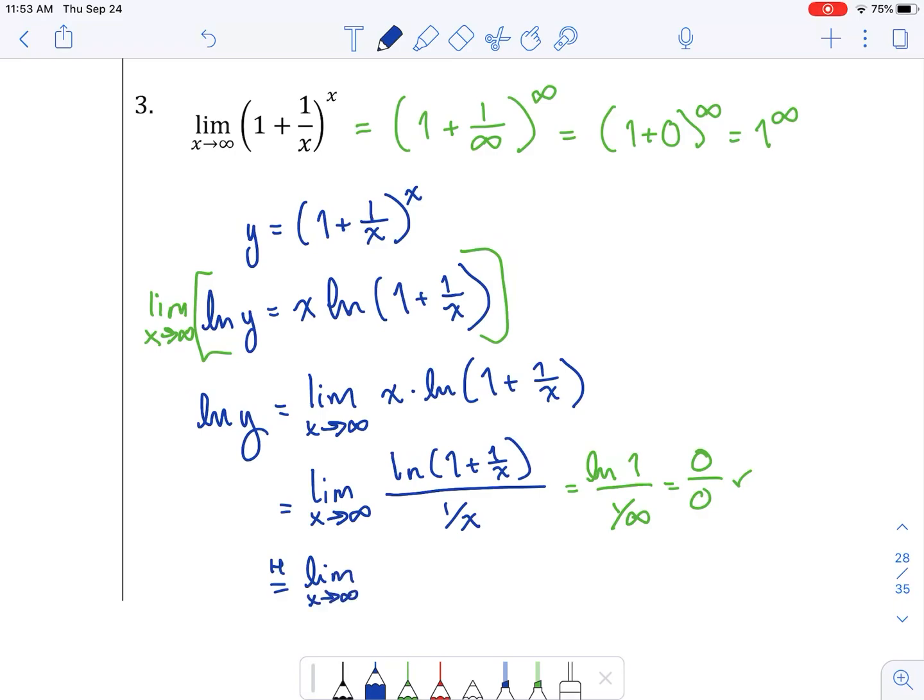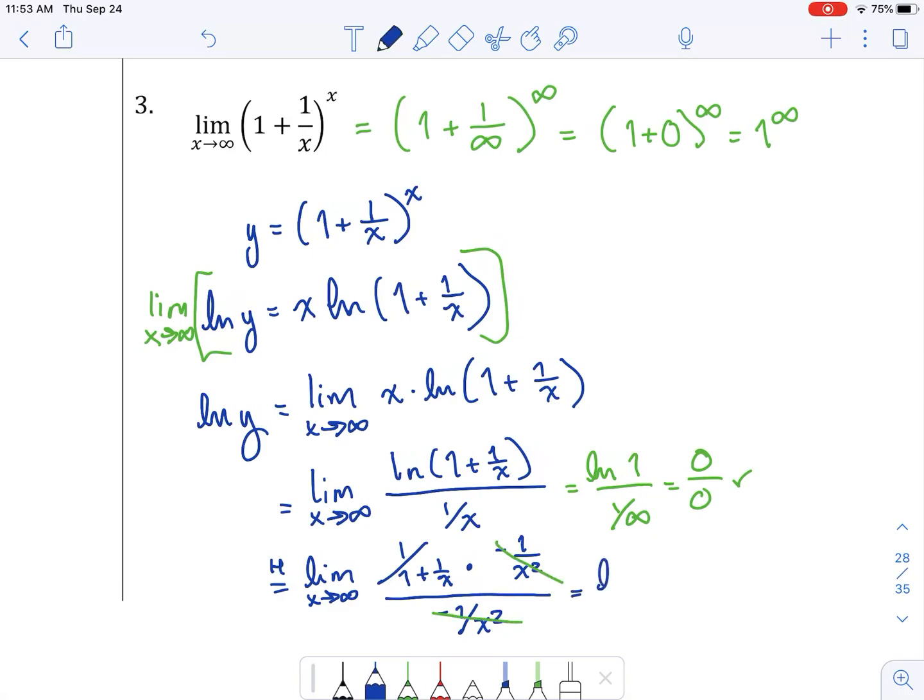And when we do that, we end up with the limit as x approaches infinity of 1 over 1 plus 1 over x times, because we're using the chain rule, negative 1 over x squared. And in the denominator, we have negative 1 over x squared. Oh, this is great.